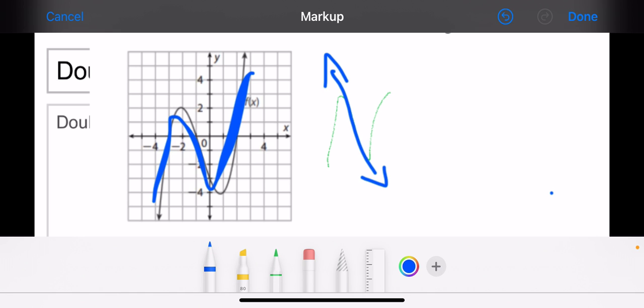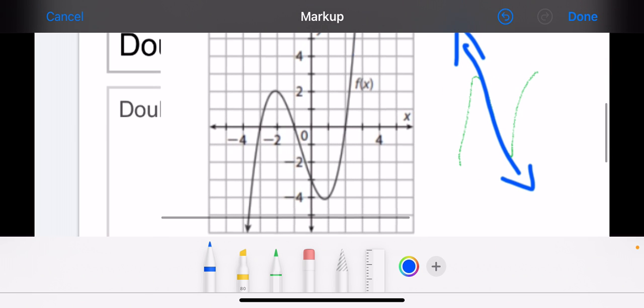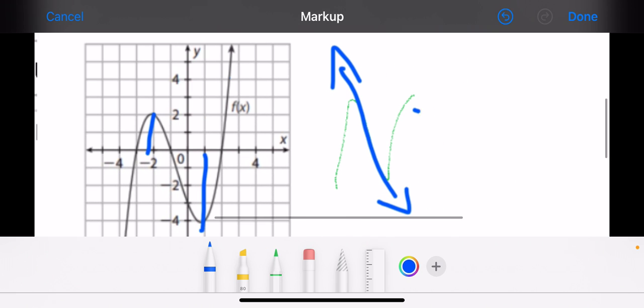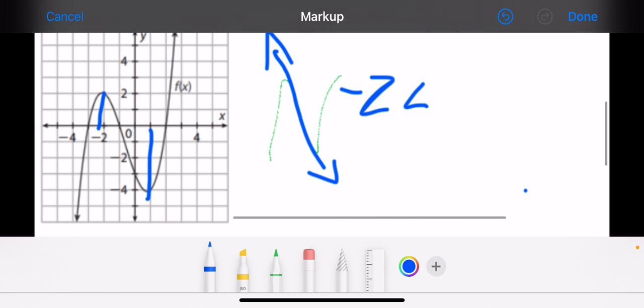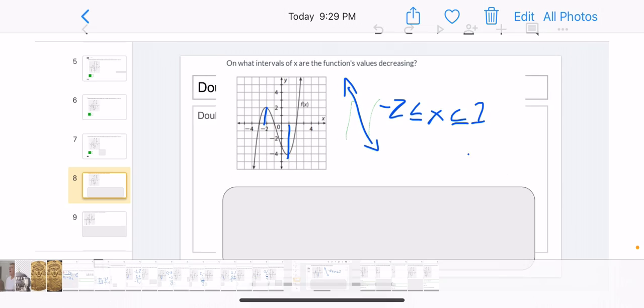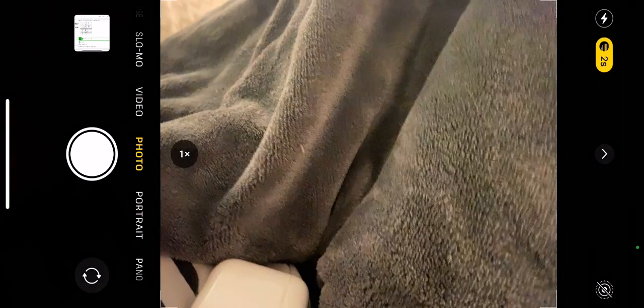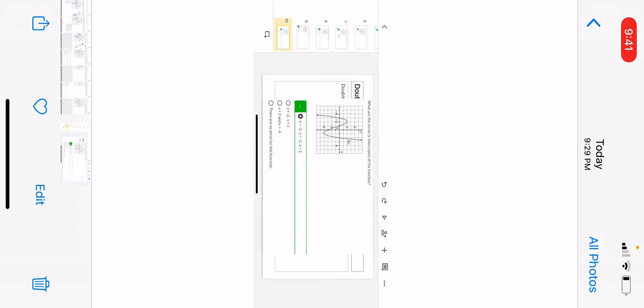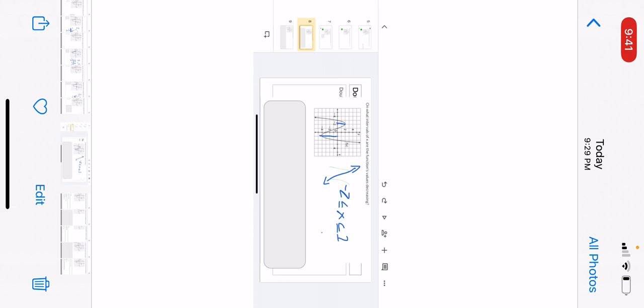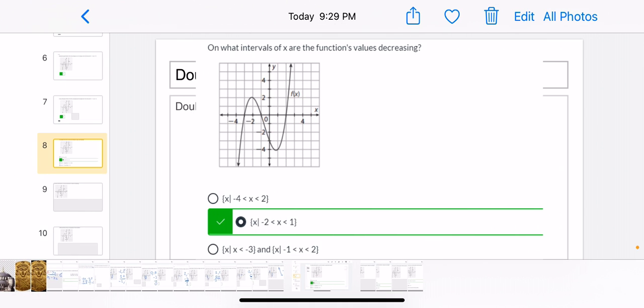And honestly, this is in the shape of an N, so it'd be this line. The x values would be -2 and 1. It doesn't have to be equal to.